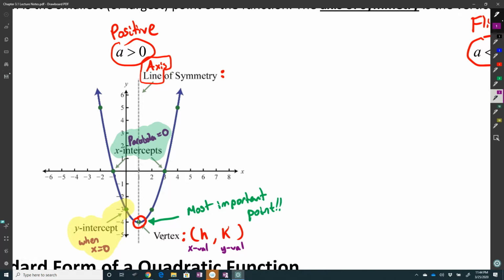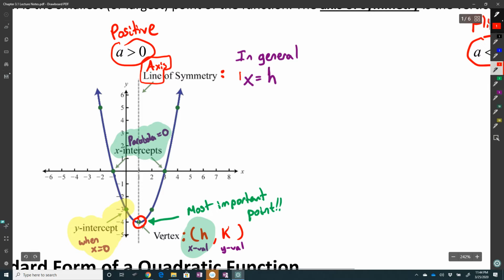But in general, because our parabola doesn't have to be at 1, the formula is x is equal to, and notice that it goes through the x value of the vertex. So the x value of the vertex generically is h. So in general, my axis of symmetry is x equals h. That's the only x value that it goes through.